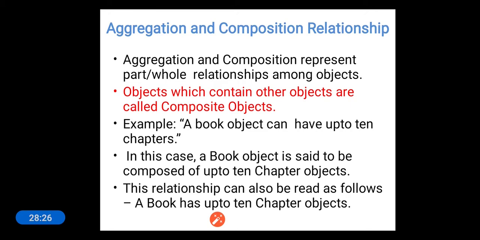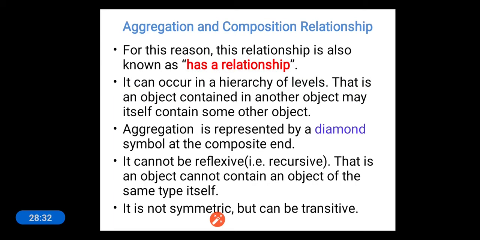And this relationship can be read as a book has up to 10 chapter objects. For this reason, this relationship is also known as a has-a relationship. This aggregation and composition relationship can also be termed as a has-a relationship. Why? Because an object is having another object.